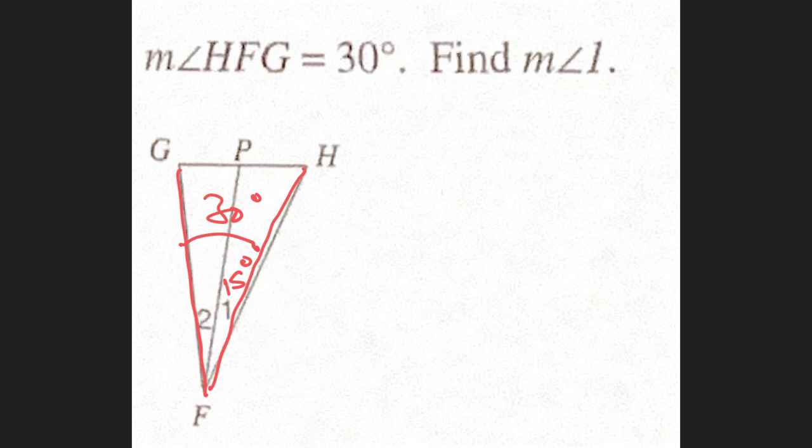So a lot of it's just going to be, what did they give me? Did they give me one of the smaller angles? Did they give me the large angle? And as long as they're giving us numbers, not too shabby. And again, if you notice the letter F, F is the vertex with which those two lines create that angle, HFG. And we can name it HFG or we can name it GFH. Either way, one way or the other, but that F needs to be in the middle. Okay?